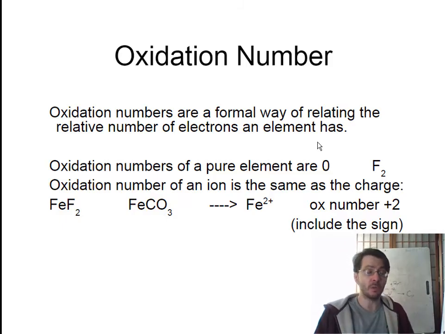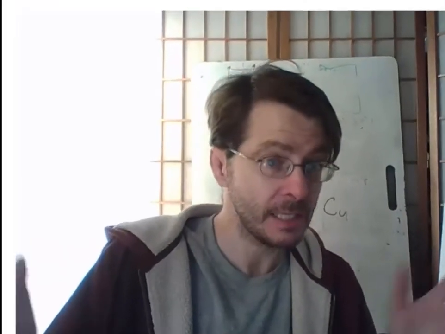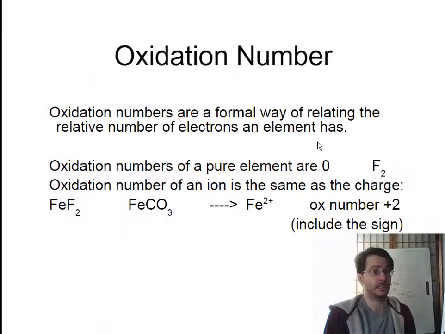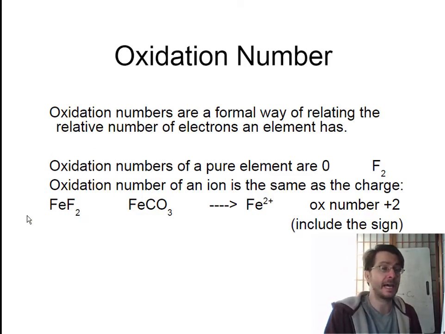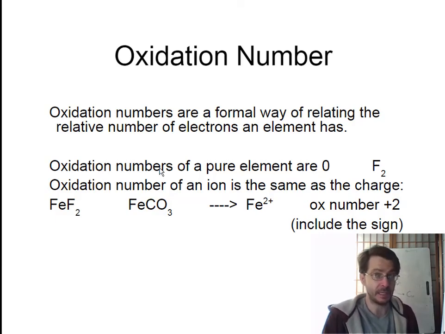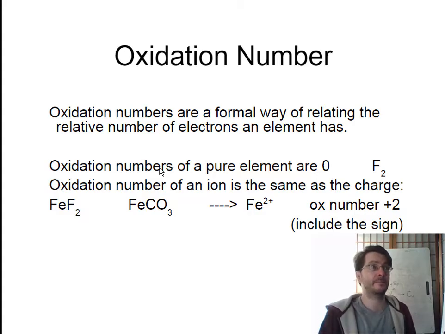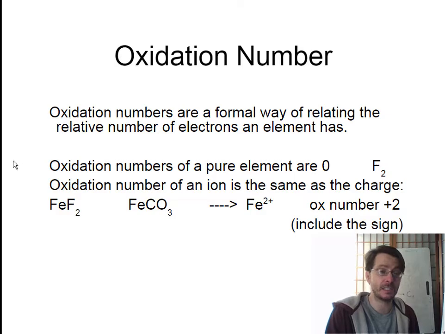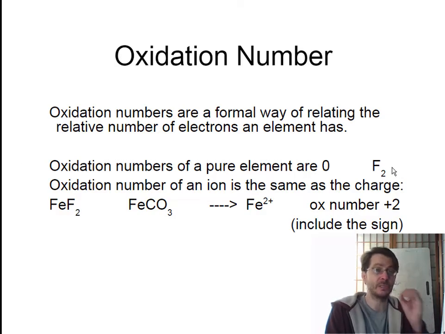This goes all the way back again to, surprise, naming. All right? So, all right, we can identify the oxidation number for an element based upon what its electron count is. In general, oxidation numbers of a pure element are 0.